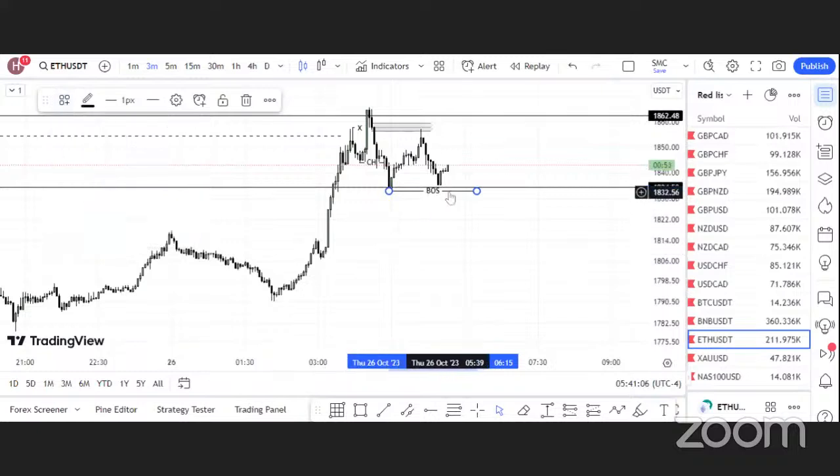So when this gets taken out, the market would come back to retest a fair value gap or an order block area. So when the market does that, then the market will continue to go down. But for now, we just got to wait and see what the market would do. And as I've said earlier, I want to see a break of structure to the downside.